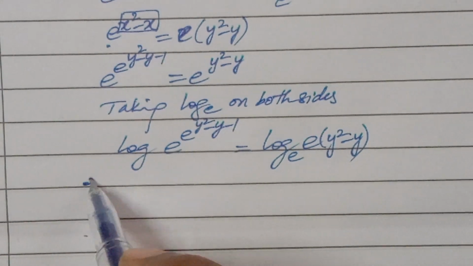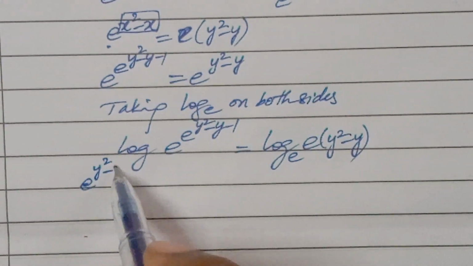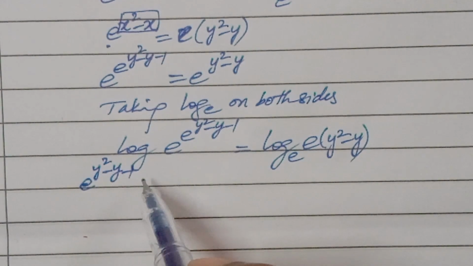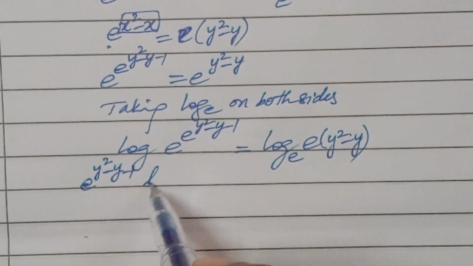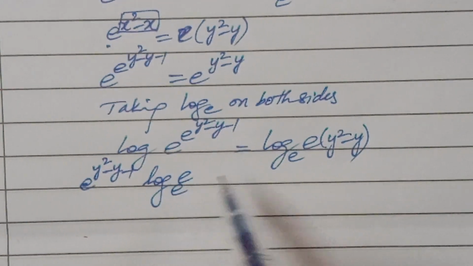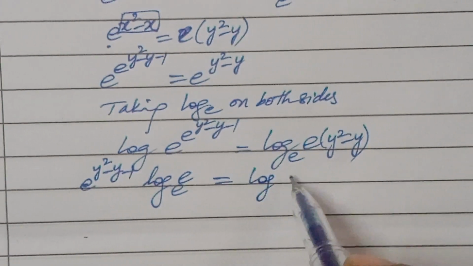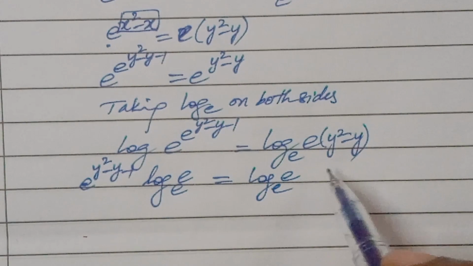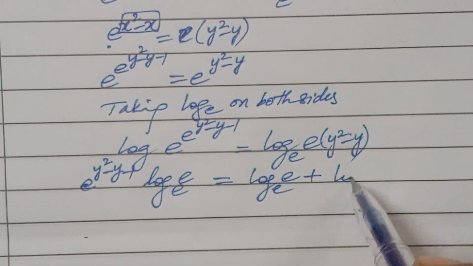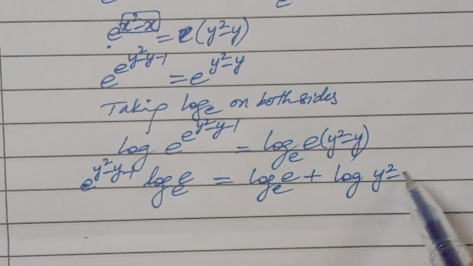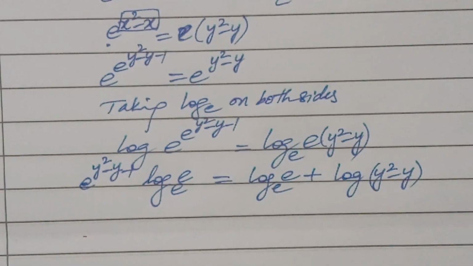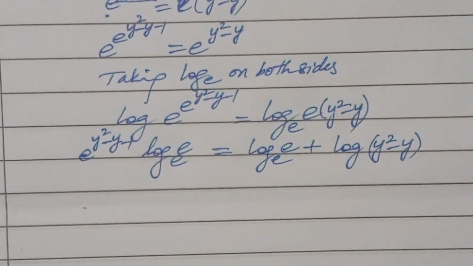We will get y square minus y minus 1 into log e base e is equal to log e base e plus log of y square minus y, using log of m times n.